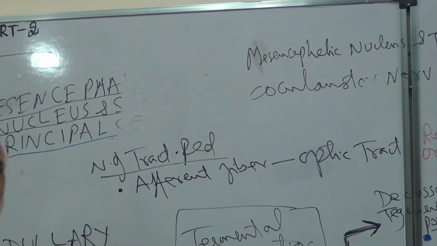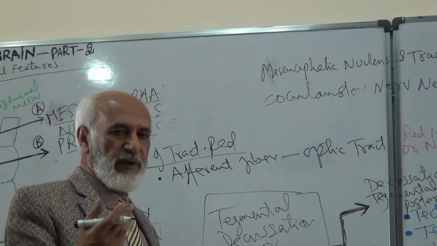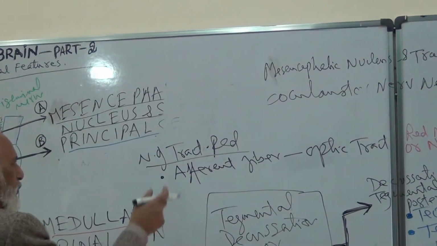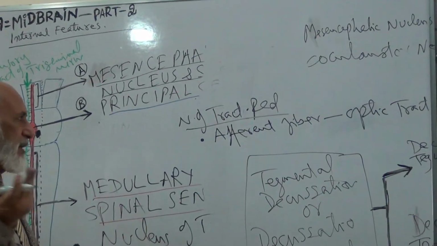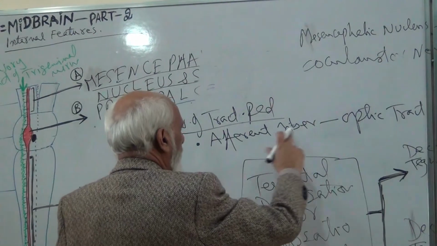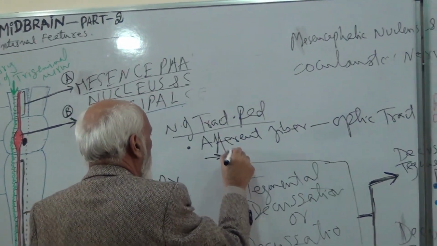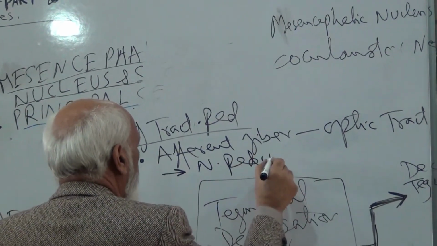You know the optic nerve is partially crossed in the optic chiasma, and next to the optic chiasma are the right and left optic tracts. So afferent fibers arise from the optic tract, which is the visual pathway, and they relay in the nucleus of the tractus peduncularis.